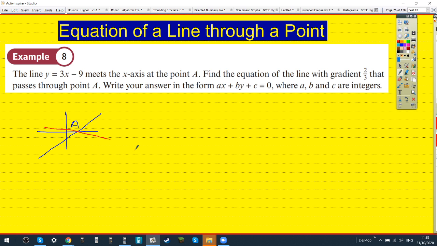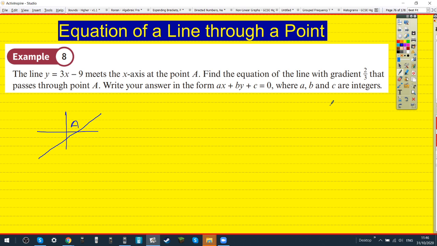If we were to make those two equal, that would give us the coordinates of A. That will work. There's an easier way to find the coordinate of A. What do we know about the point A? We know that it crosses the x-axis and that it intersects with the line with the gradient 2/3.